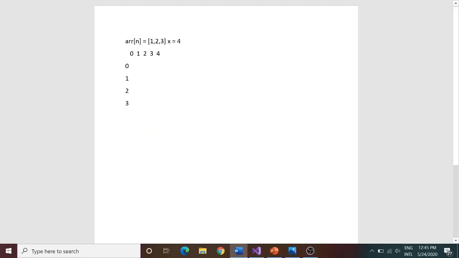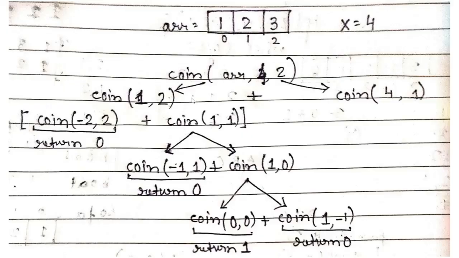So now coming on to the DP matrix, what are these columns and what are these rows? These columns specify the amount which we need to make and the intermediary amounts which are basically used for recursing. So if we go to this part of the recursive tree, what do we see over here? What were we actually recursing for? We were recursing for amount of 4. If I make use of this denomination, then I will be left with amount of 1, and again amount of 4, amount of 1.